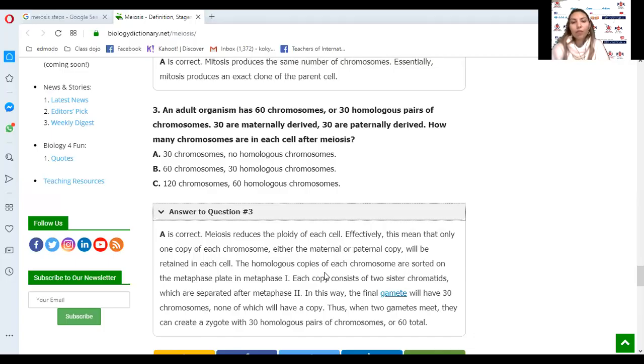The homologous copies of each chromosome are aligned on the metaphase plate in metaphase 1. It describes what happens in metaphase 1 and 2. So the correct answer will be 30 because meiosis produces 4 haploid cells with half number.